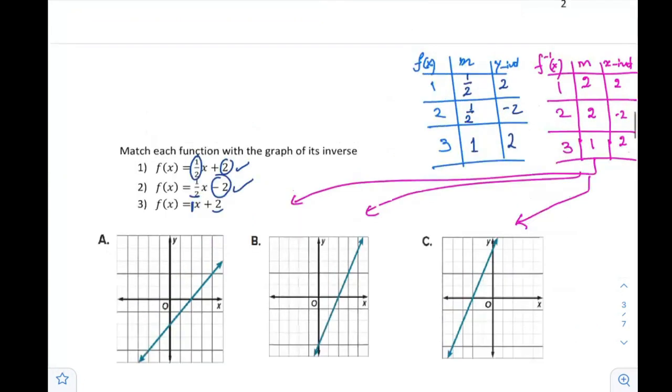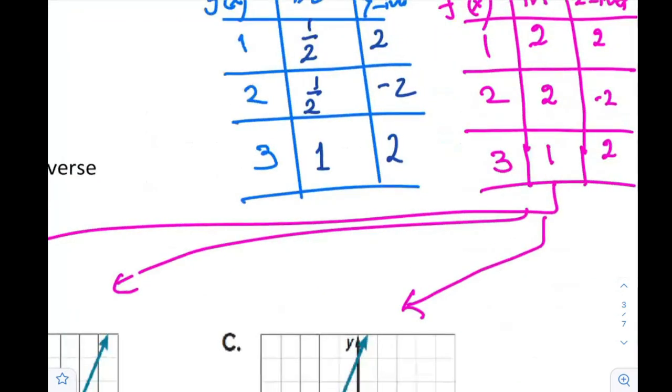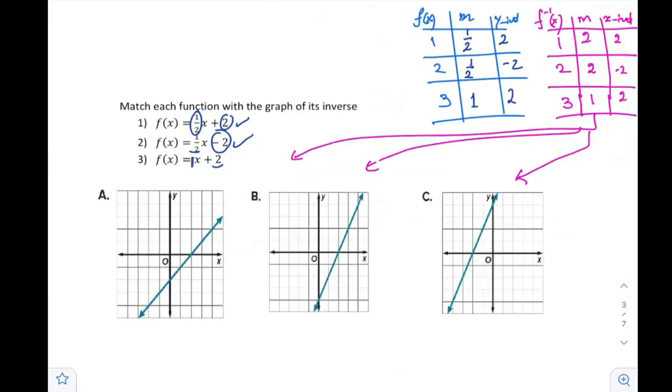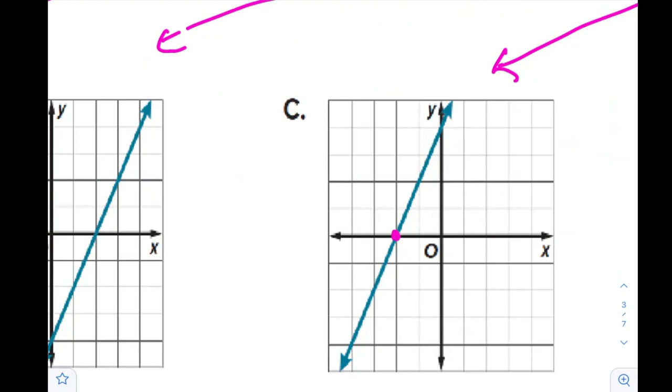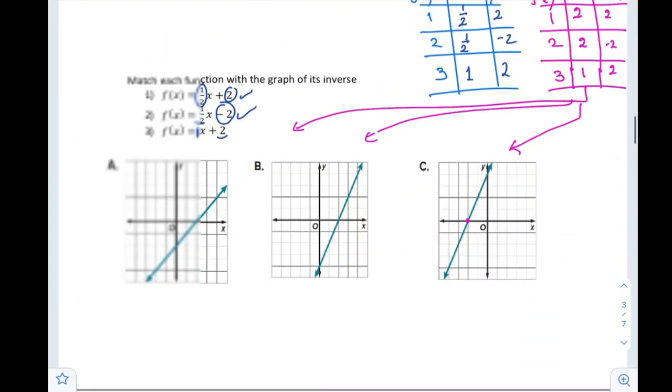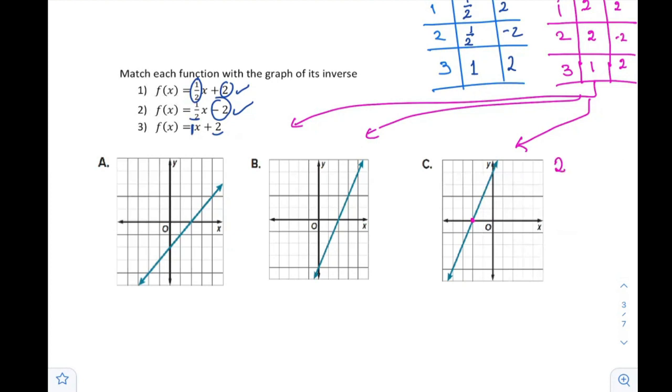Now we have 2 graphs with x-intercept 2, and one with x-intercept -2. Which one has the x-intercept -2? Actually, this is the only one with x-intercept -2. So that means function number 2 is related to graph C, because it's the only one with x-intercept -2. So C will take 2.